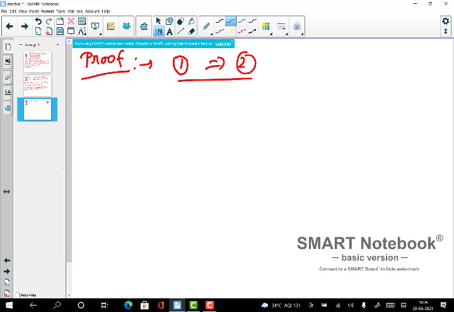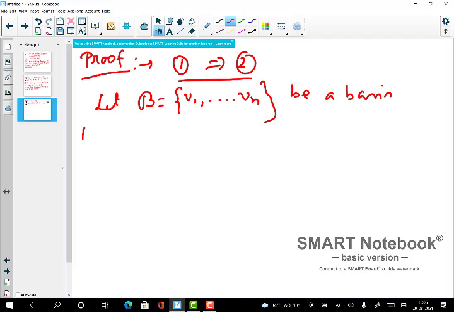Let the basis B be v1, v2, up to vn. Since V is finite dimensional, I'm assuming n elements, so the dimension of V equals n. What is given to us is a basis of V such that the matrix of T is some diagonal matrix, say D.